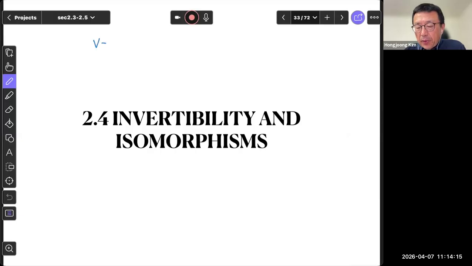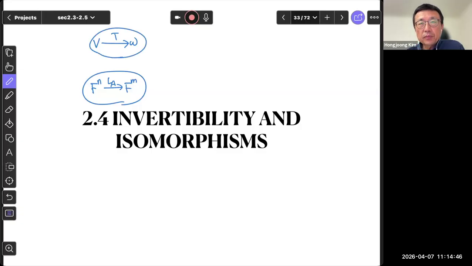So a mapping T from V to W can be understood as a mapping from Fn to Fm represented by some matrix A, and if you consider the L sub A operation from Fn to Fm, the operation at the bottom exactly copies the mapping above here.